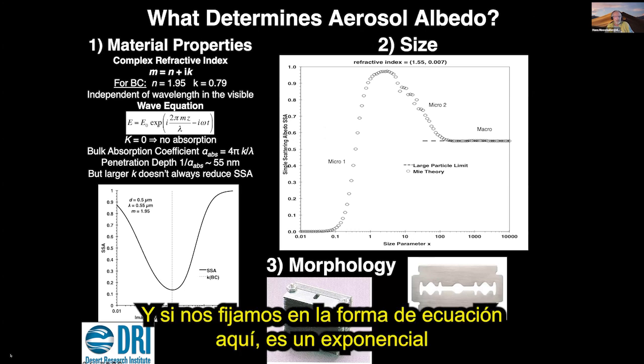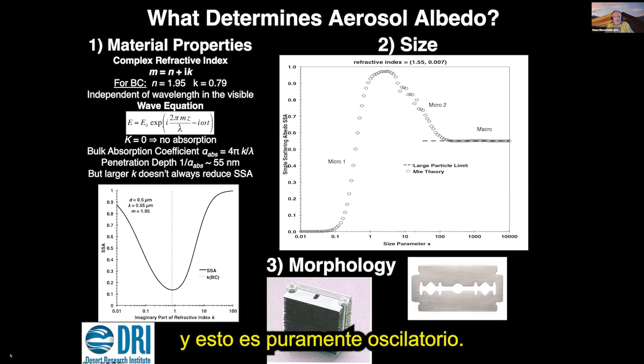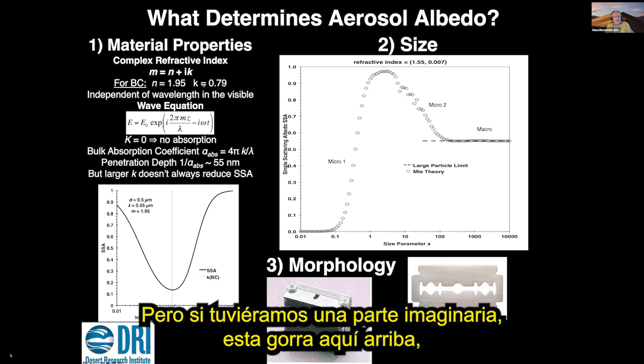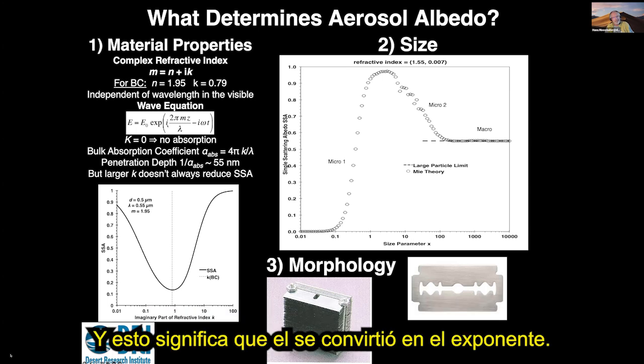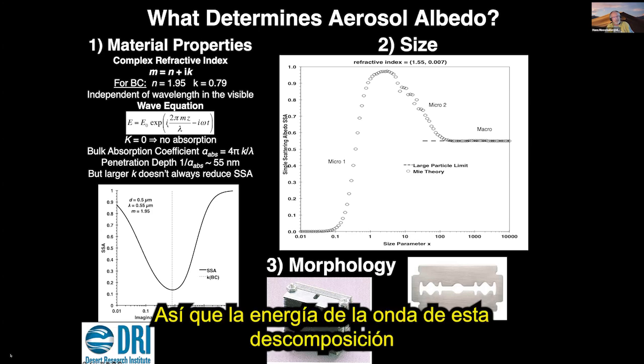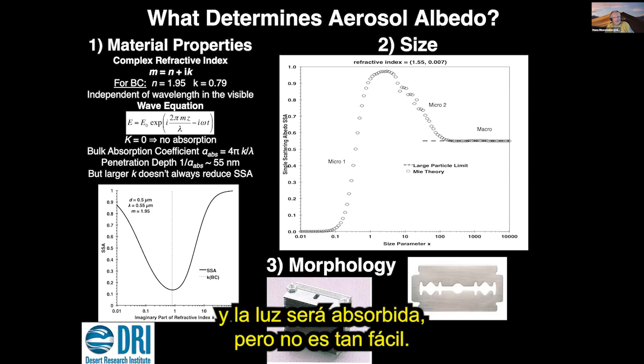And if you look at the wave equation here, it's an exponential. And this is just purely oscillatory. But if we add an imaginary part, this kappa up here, then we get an imaginary times an imaginary, and this means a decaying exponent. So the energy of the wave will decay and light will get absorbed.